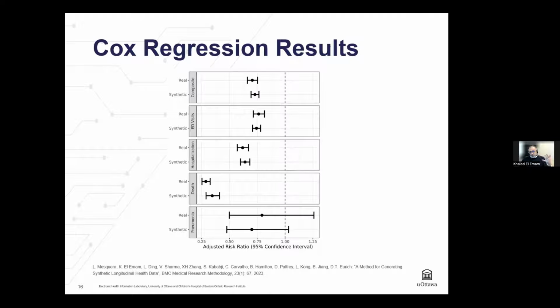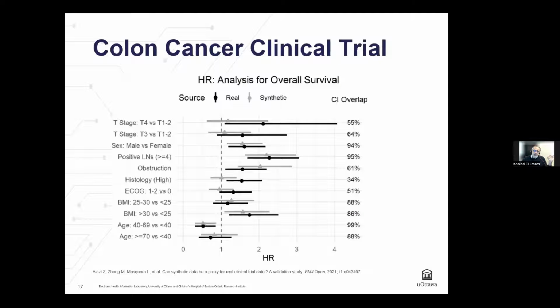Now, the challenge with these studies is that they only looked at, sorry, here's another one before I talk about a challenge. It's another study we did. This is the control arm of a colon cancer clinical trial, and this was a 5-year survival. This is overall survival, and you look at the hazard ratio between the real and synthetic data sets.